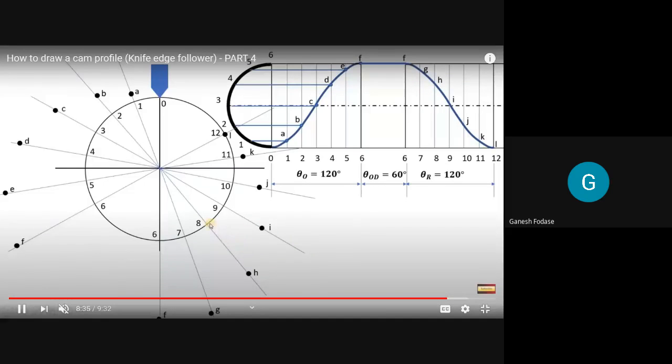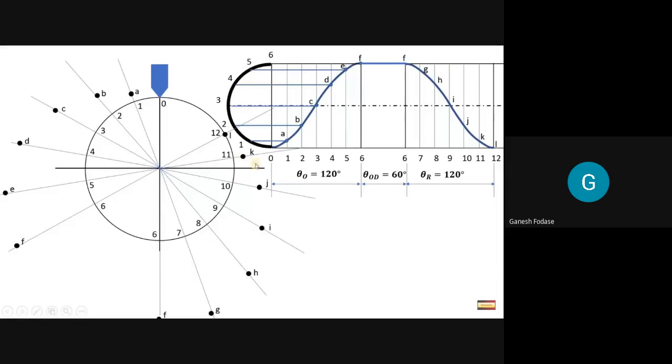So after getting these points A, B, C, D, E, F, G, H, I, J, K, L, we have to join these points by a smooth curve. Through these points we have to join.